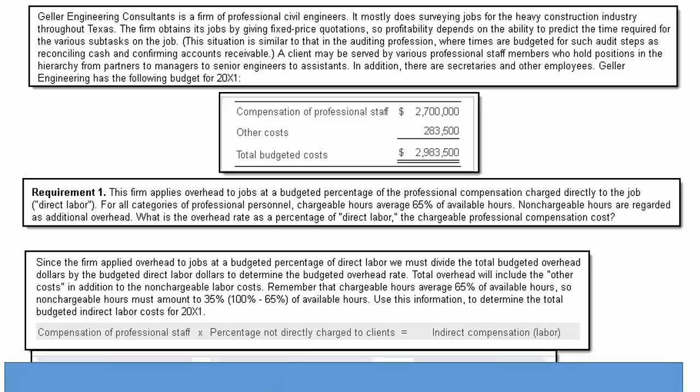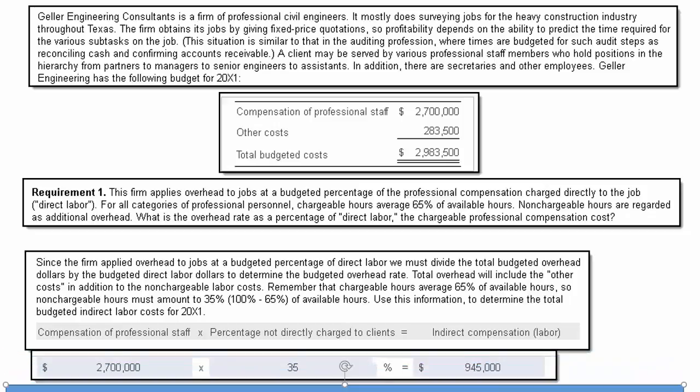So if I slide this out of the way, we'll see that the indirect compensation is $945,000. We take $2,700,000 of the compensation of the staff times the percentage not directly charged to the client, which was 35%. That gets us $945,000 as the indirect compensation labor.